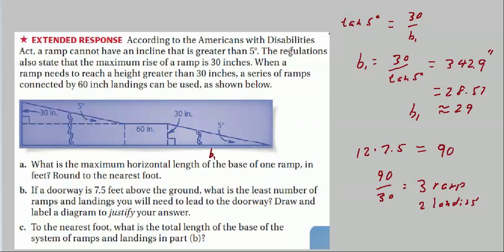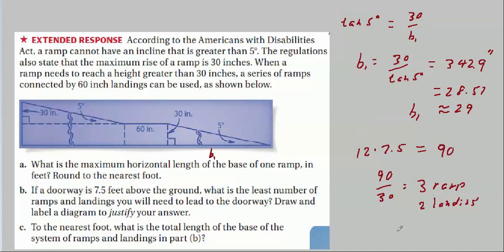I mean, that's how mathematics works. This is 5 degrees, this is 30 inches, this is 29 feet. If this is 5 degrees and this is 30 inches, this has to be exactly the same as this. So, with 3 ramps and 2 landings, what we need is 3 of these 28.57 bases.